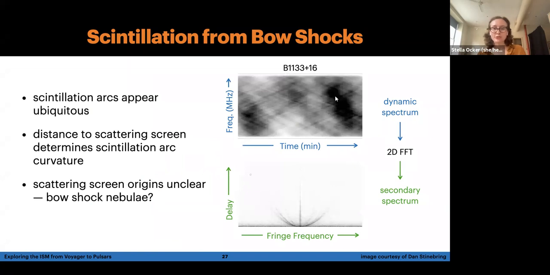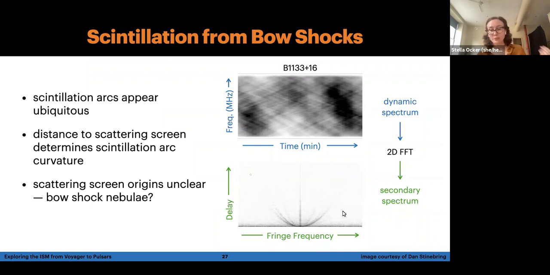Here on the top, you can see an example of a dynamic spectrum for pulsar B1133+16. You can see the intensity variations in the dynamic spectrum characterized by these islands, which we call scintils. And when you take the two-dimensional Fourier transform of this dynamic spectrum, you get what's called the secondary spectrum, which is shown on the bottom here.